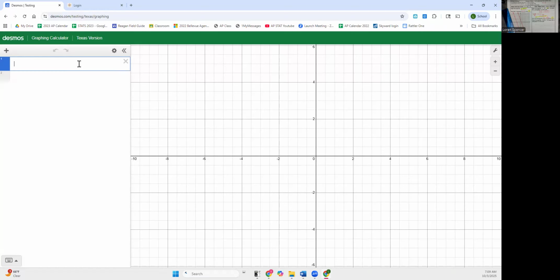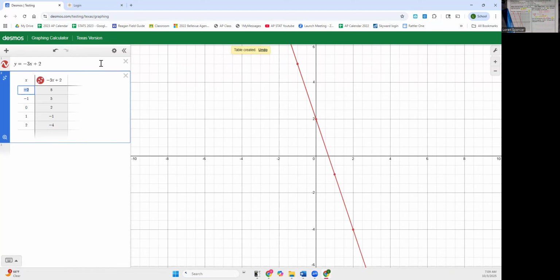We'll do the one that's in slope-intercept form first: y equals negative 3x plus 2. And that was our first line, and that looks just like it. It has our y-intercept at 2, etc. And if we wanted to see a table of values, we could hit that, and there we have a table of values for it. I'm going to go ahead and close that table up.